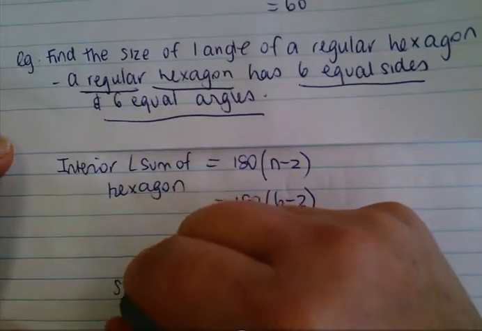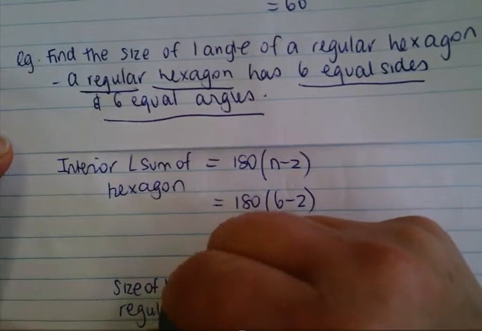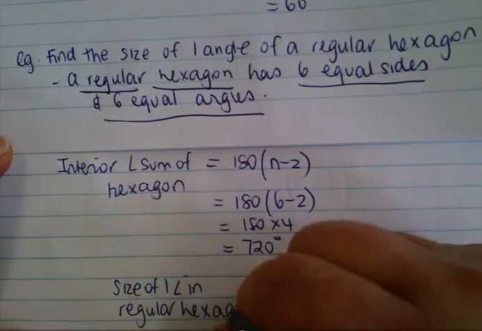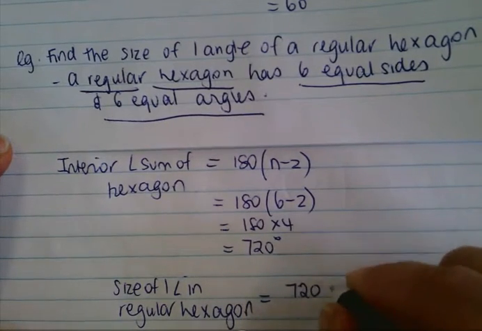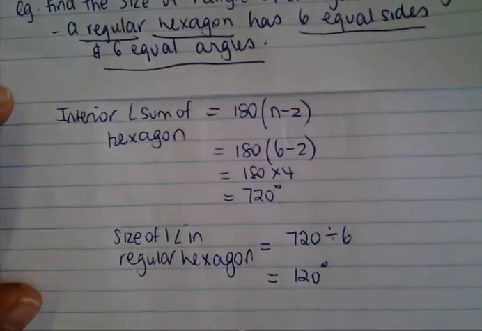Therefore the size of one angle in a regular hexagon is 720 divided by 6, which is 120 degrees.